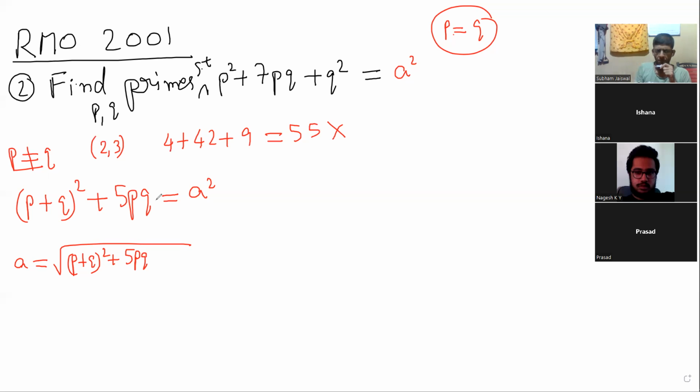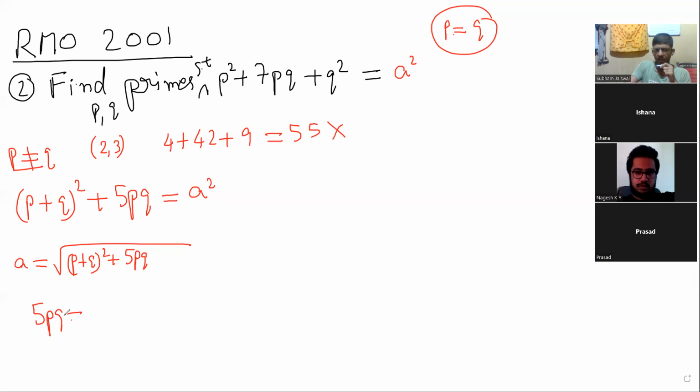That non-square part again should be a product of a perfect square and P plus Q the whole square, right? Why? For example, like the 3P case, it has to be P plus Q the whole square into some perfect square, right?